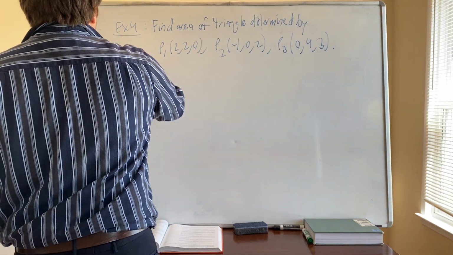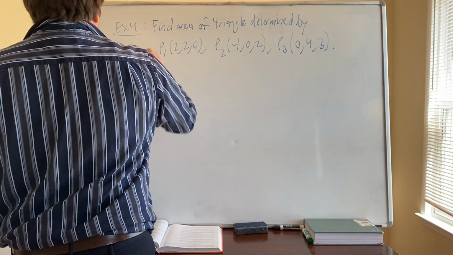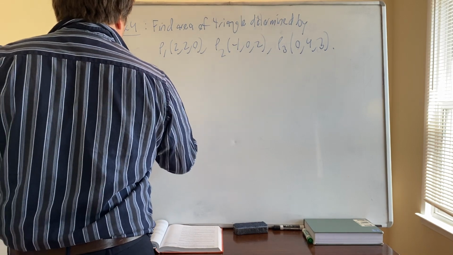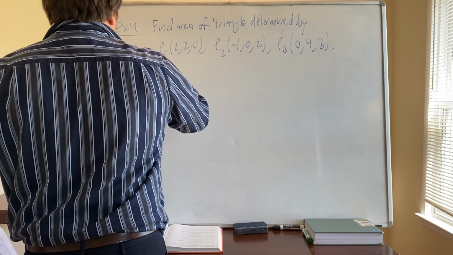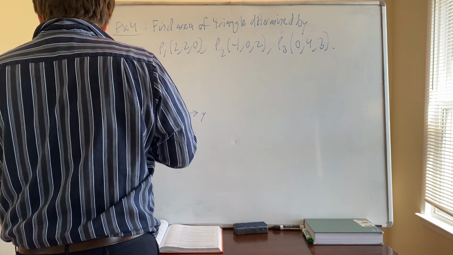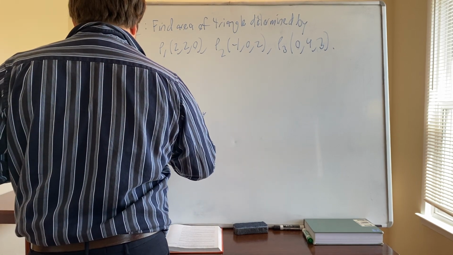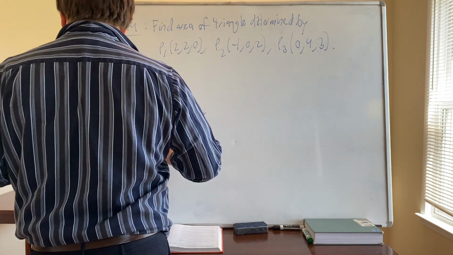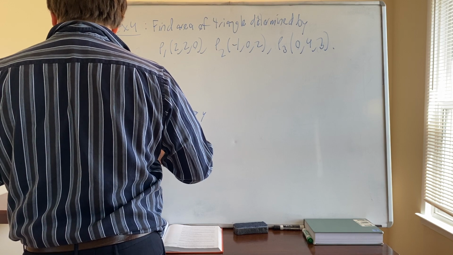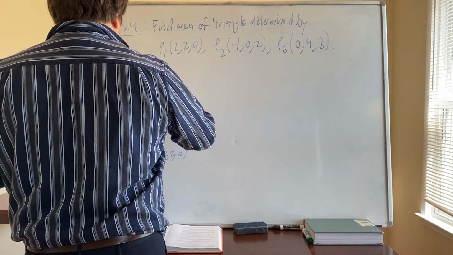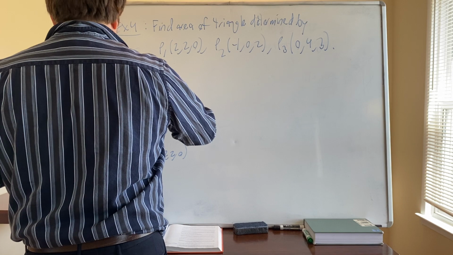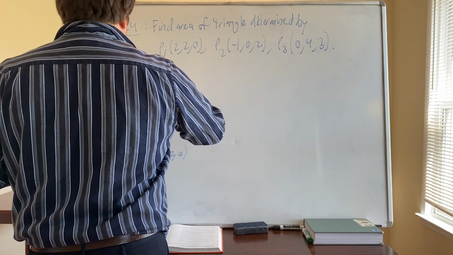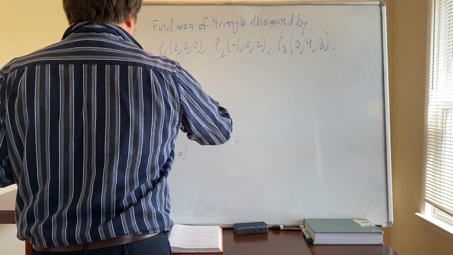So the solution is, here's the x-axis, here's the y-axis, and here's the z-axis. P1 is the point 2, 2, 0. P2 is the point here, -1, 0, 2.